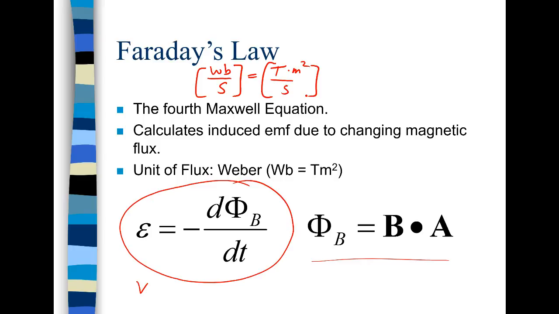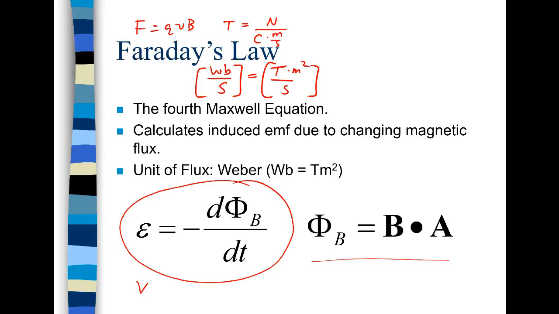Now if you think back to when we discussed magnetism, we had the equation F is equal to QVB, which meant that the Tesla was equal to a Newton divided by a Coulomb times a meter per second.